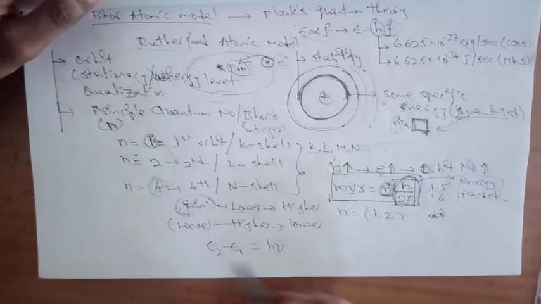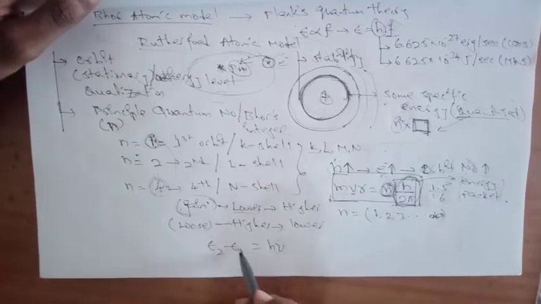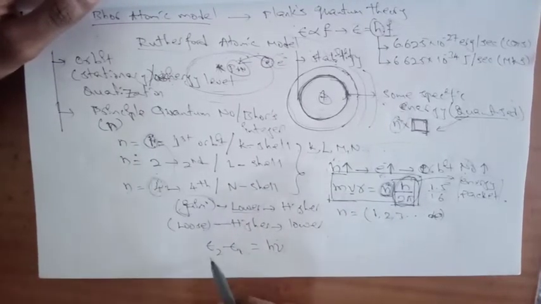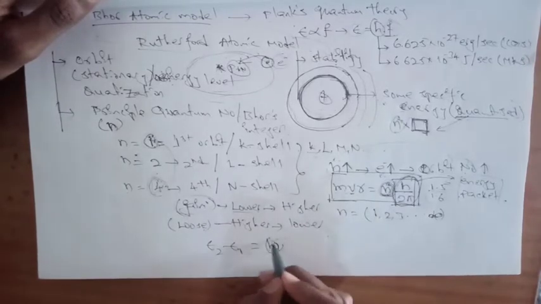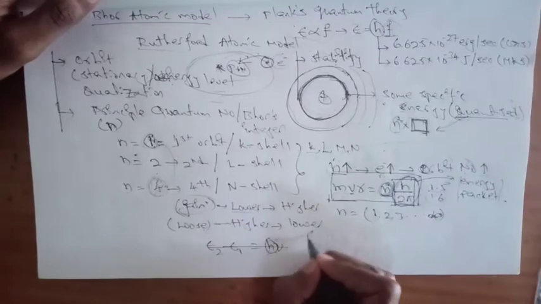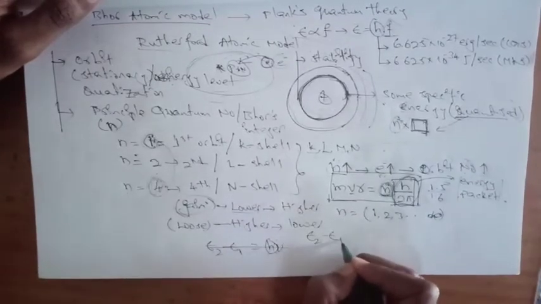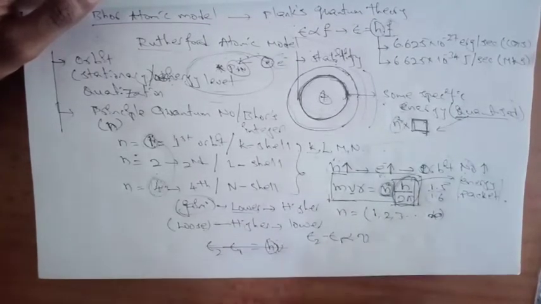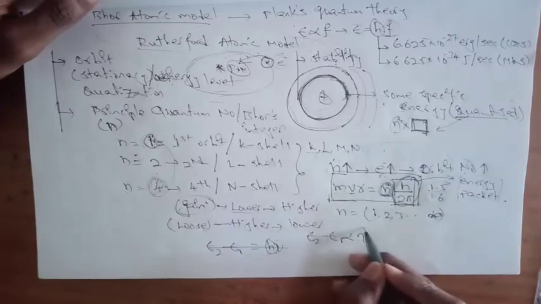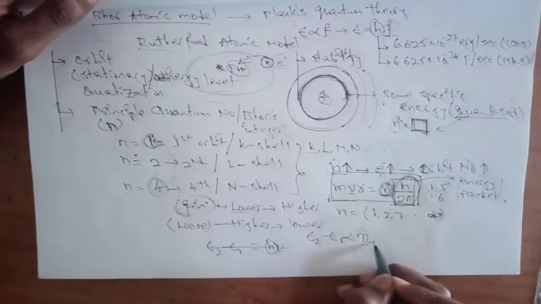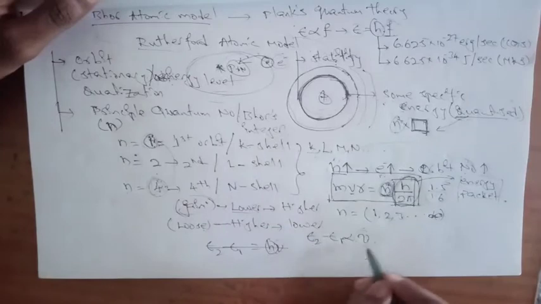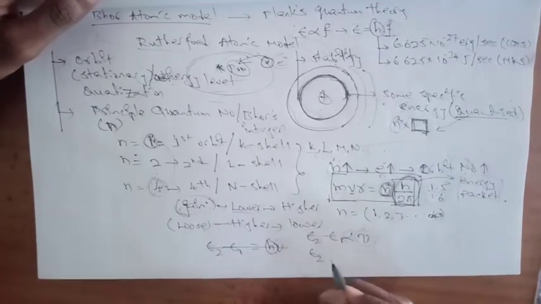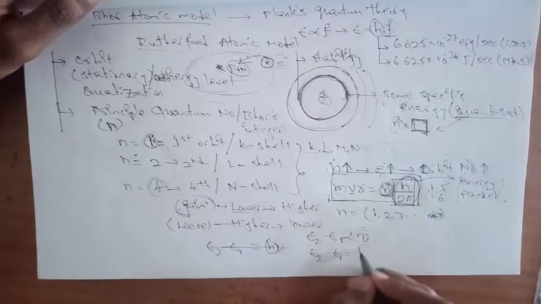I am not saying exactly, but it is approximately h nu. I will write once again: E2 minus E1 is proportional to nu, the frequency of the energy taken or lost. If we take the proportionality constant, it becomes E2 minus E1 equals h nu.